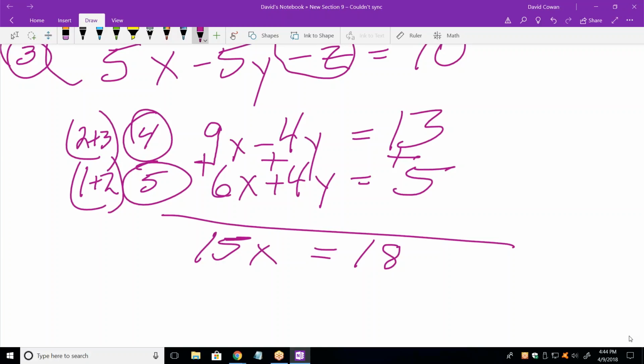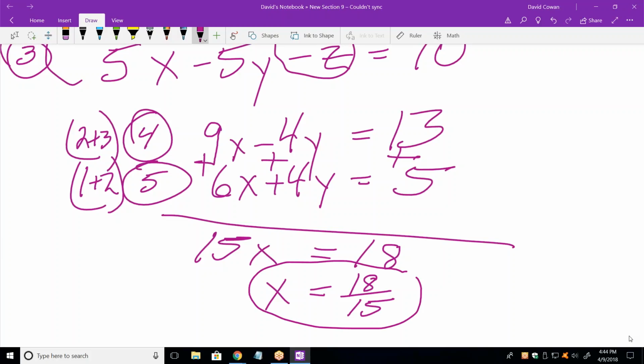You just will. Okay? So, x is equal to 18 divided by 15. Now, once you've solved for one variable, you work your way backwards through the problem.